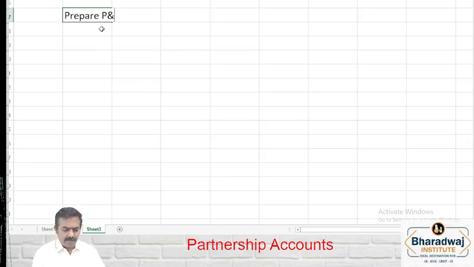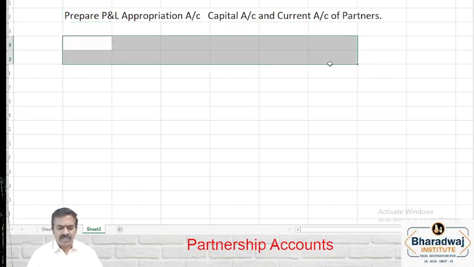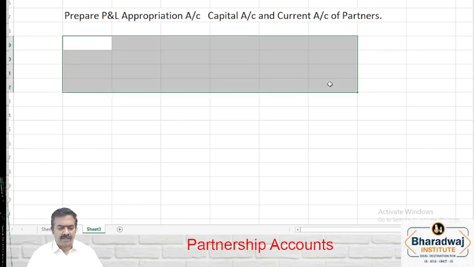Prepare P&L appropriation account, capital account, and current account of partners. So when they use the word current account, that means they are maintaining under which method? Fixed capital method or fluctuating capital method?